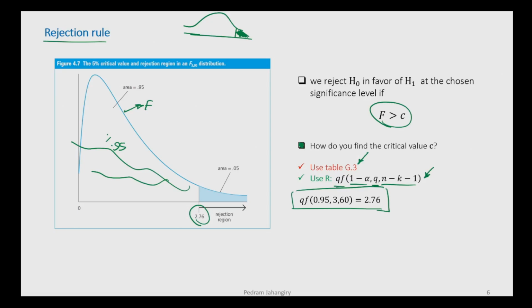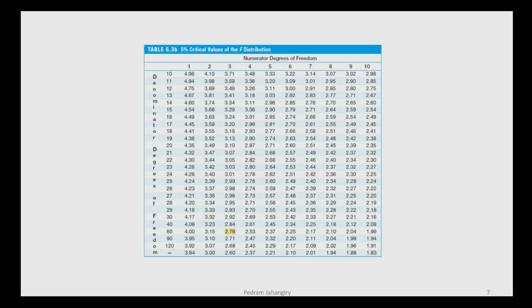Again, in the next slide, I'm going to quickly show you how to use the table from the textbook, but really, I don't recommend doing that. Just for the sake of argument, this is how you would do it. First look at the degrees of freedom, 3 and 60, and then at the specific alpha. Let's see if you can find this 2.76 in the table. Here's a table provided in the textbook or any statistical package you're using.